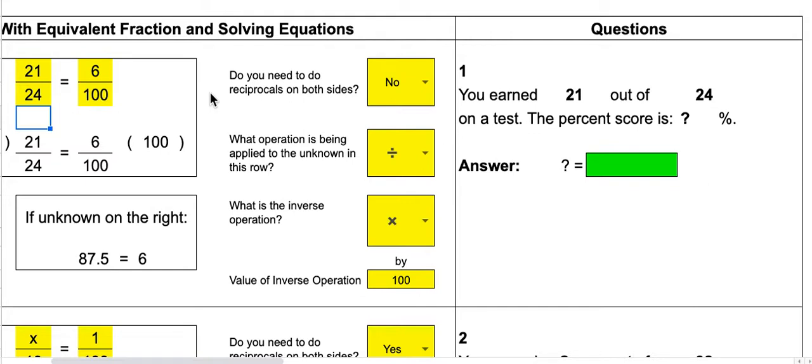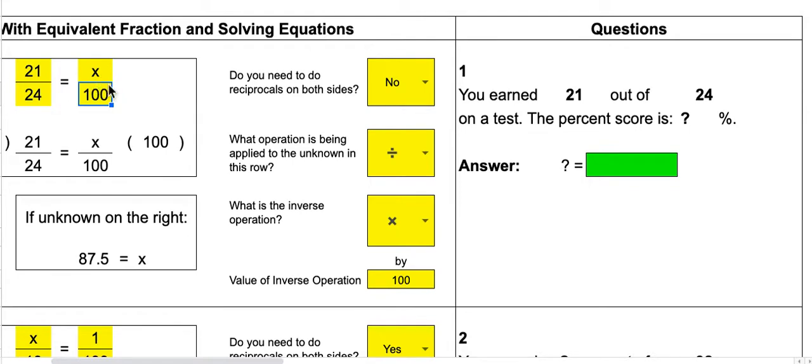Percent, remember, means per cent, P-E-R-C-E-N-T, so it means per 100. So what's my unknown? The percent score is my unknown. That's the question mark. I'm going to call that x as my unknown. So there is my equivalent fraction equation. 21 out of 24 is something divided by 100. So x is the percent because it's a percent score.